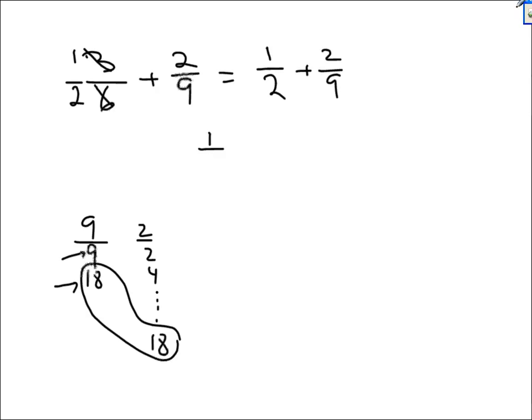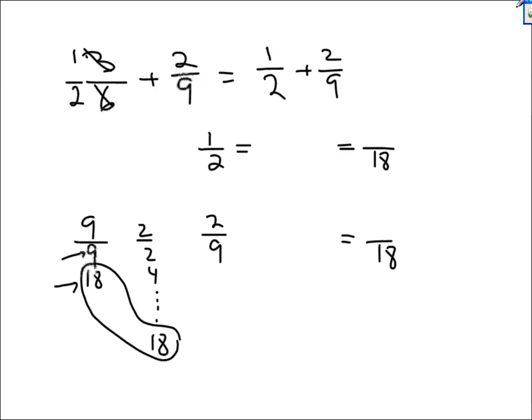So I want to write 1 over 2 with an 18 on the bottom. I want to write 2 over 9 alternately with an 18 on the bottom. I want to change the way the fractions look. I don't want them to have 2 in the bottom anymore. I don't want it to have 9 in the bottom.